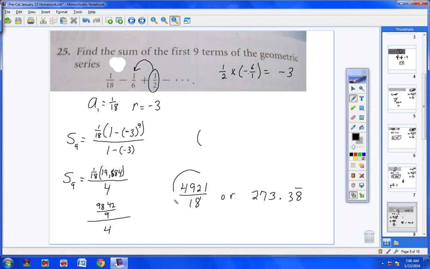Now, be able to give me both of these because I might ask you for a fraction or a decimal, so know how to use your calculator really well there.